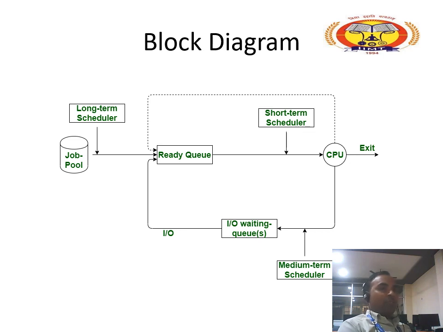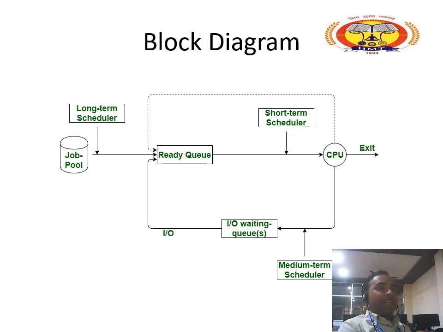From secondary to main, or from job pool to ready queue, this is the work of the long-term scheduler. Now, in the ready queue the process is waiting for the CPU, and assigning the CPU to the waiting process is accomplished by the short-term scheduler. From ready to CPU, it is accomplished by the short-term scheduler.